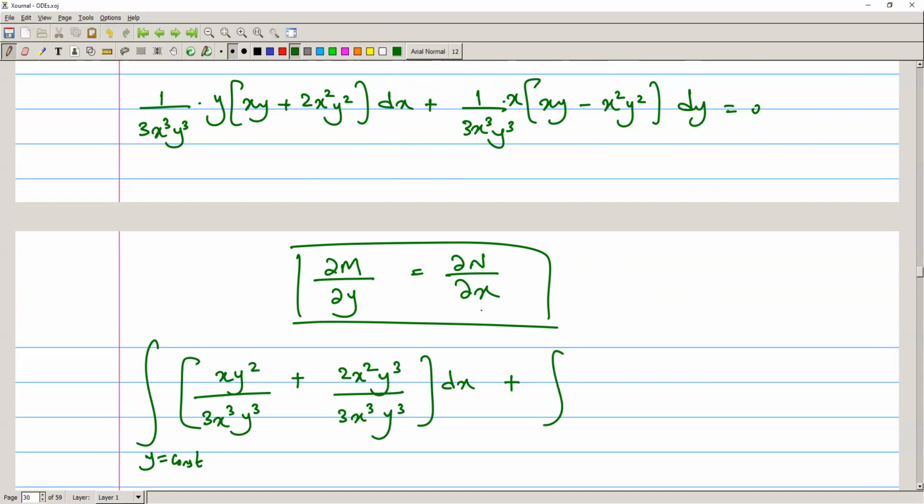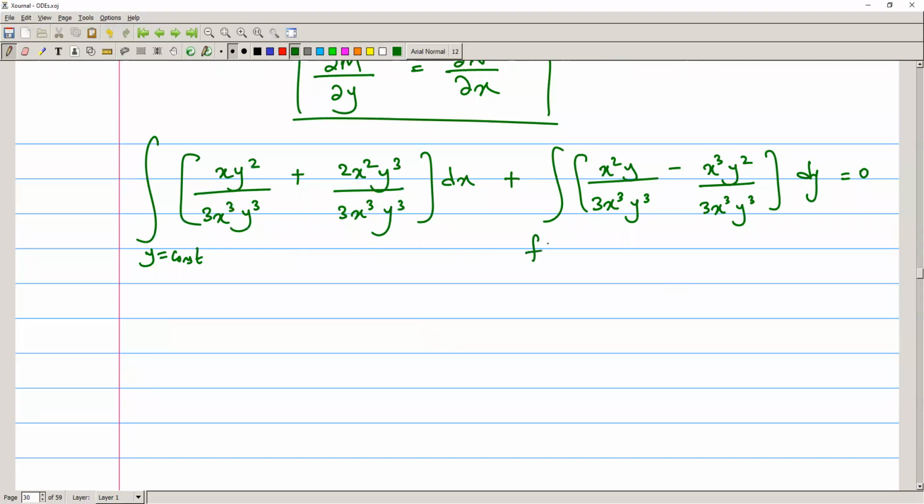And then we have this one, that is (x squared y over 3x cubed y cubed minus x cubed y squared over 3x cubed y cubed) dy is equal to 0.